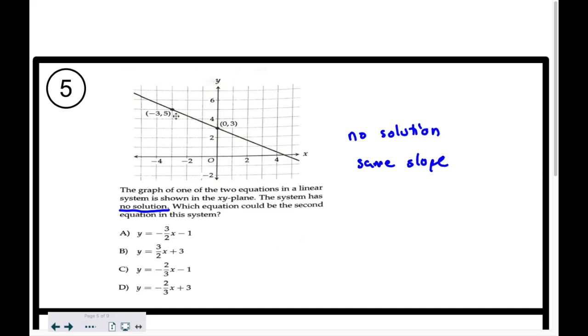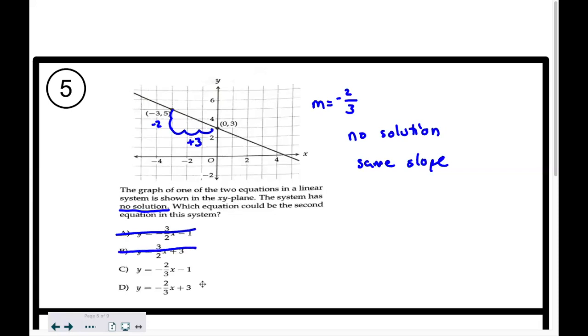So all I want to do is find the slope here. So the slope here is down 2 over 3. So the slope is negative 2/3. Any answer that doesn't have a slope of negative 2/3 is out.